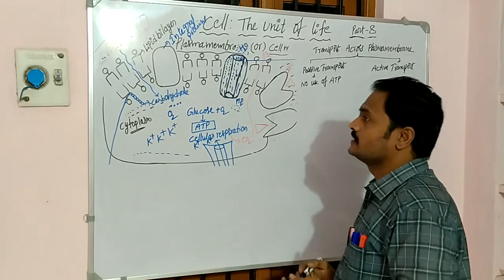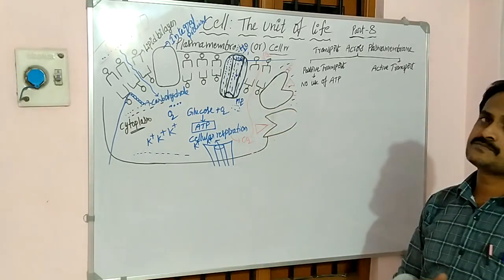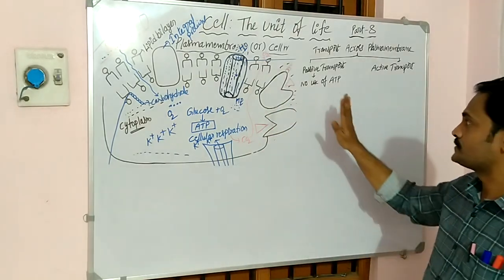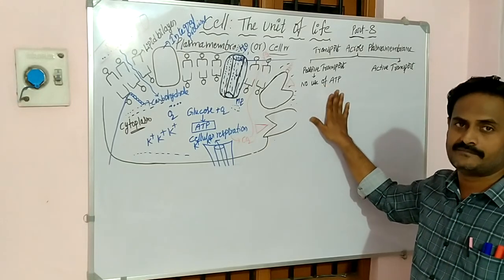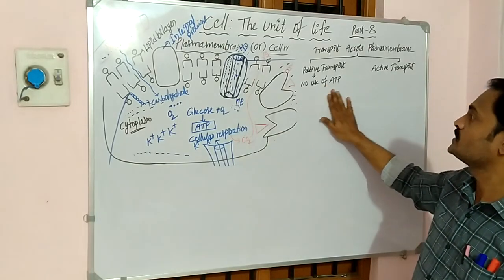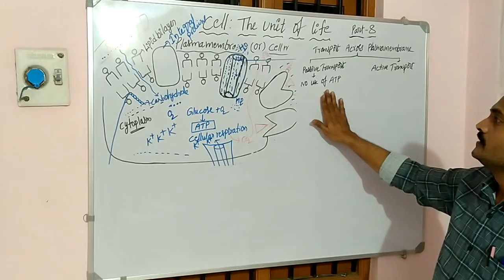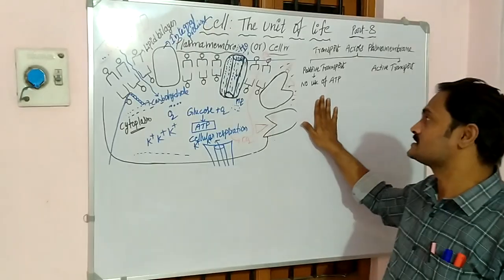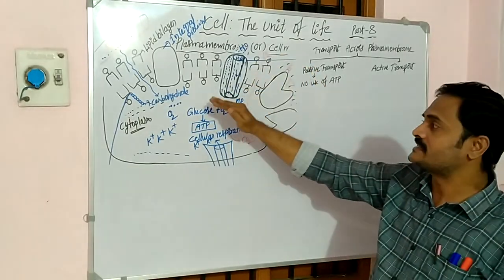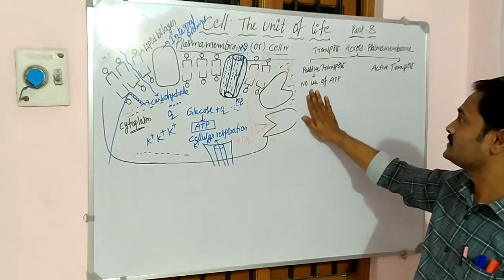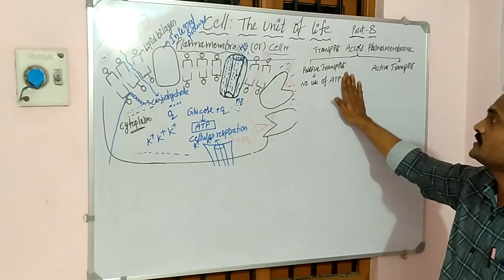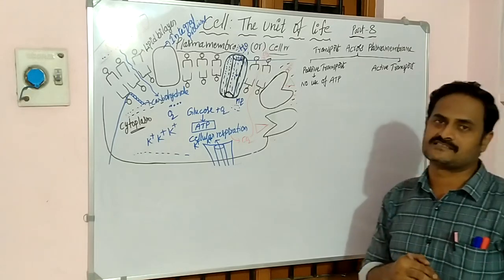That means for this transportation, the substances are not using ATP. So without any energy, the substances directly move inside the cell or outside the cell. Such kind of transport is called passive transport.